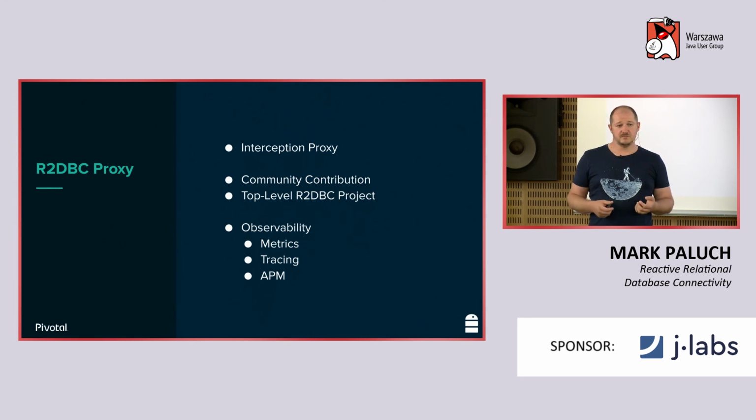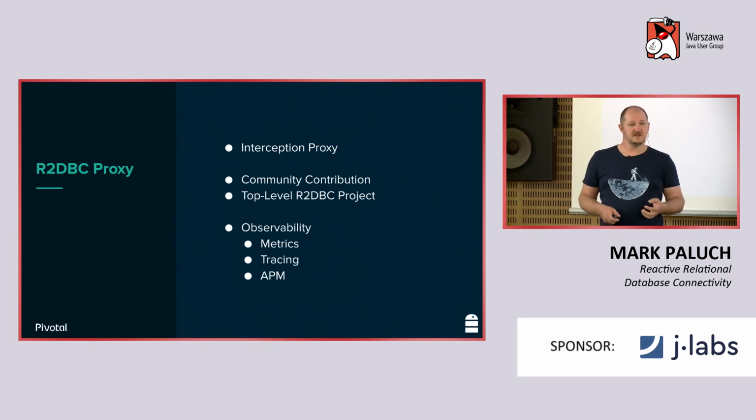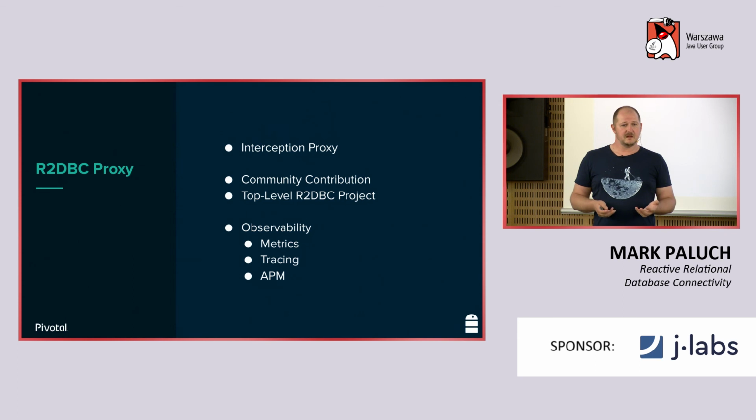So we were asked to provide some answer to give insight into a running R2DBC system. And like 2 or 3 months after we got that initial ticket, somebody from San Francisco showed up, who isn't affiliated at all with us, and showed us, look, this is R2DBC proxy. What R2DBC proxy does is it wraps a connection factory, and it allows you to register callback hooks. These callback hooks are called every time a connection gets created, a statement is started, a statement is finished.